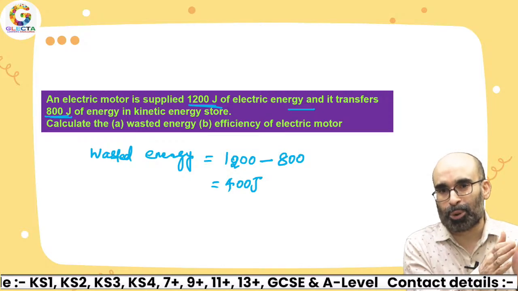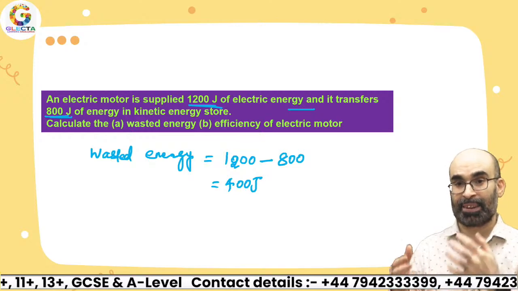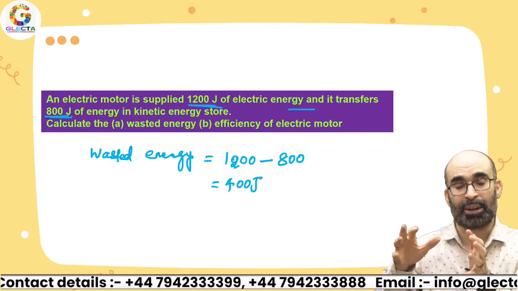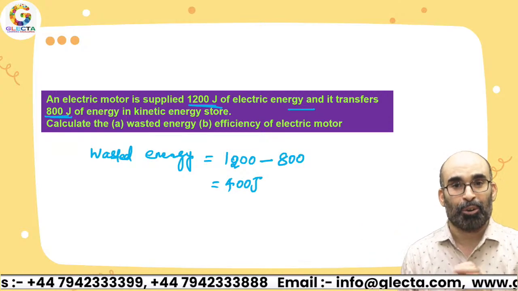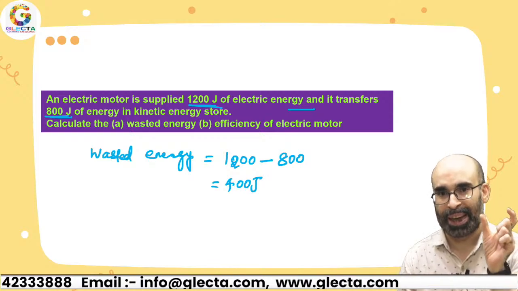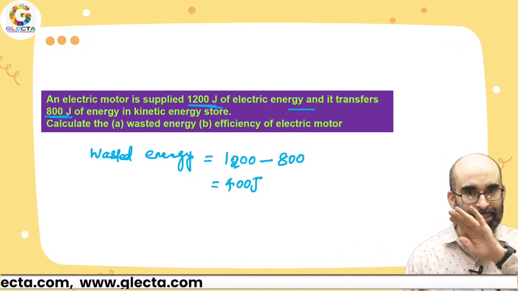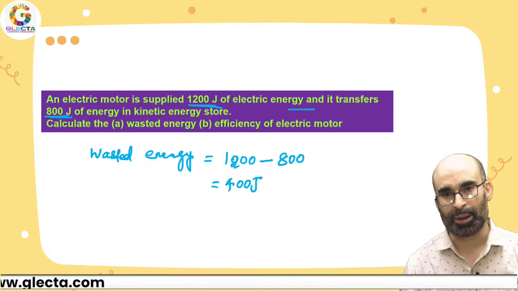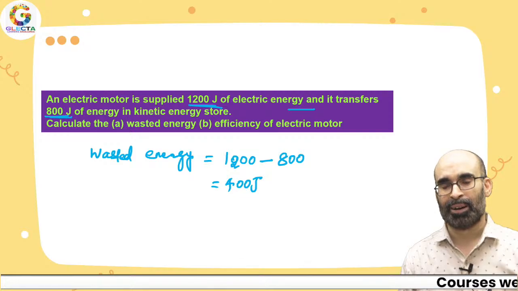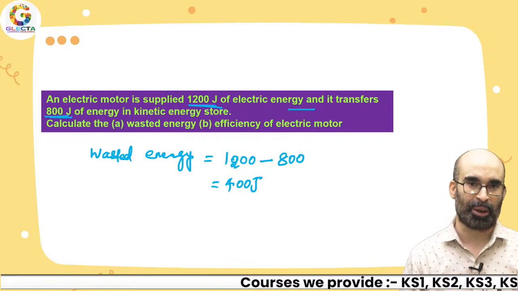This 400 joules is not in the kinetic energy store. 800 is in the kinetic energy store. 400 joules is transferred into heat energy and sound energy. That is the wasted energy. We do not want that energy. That is undesired transfer of energy.